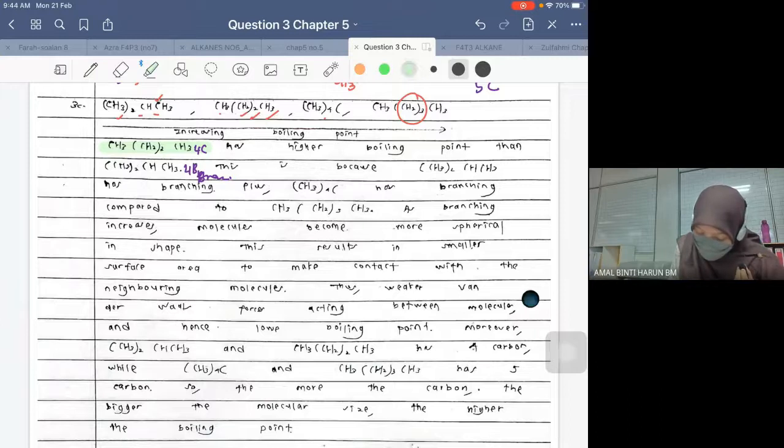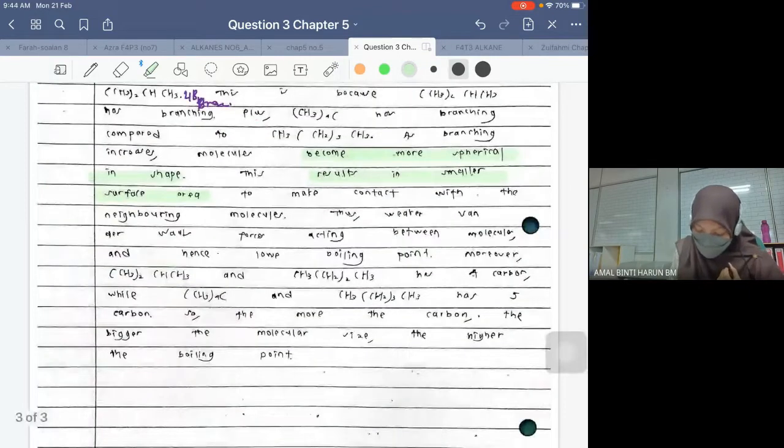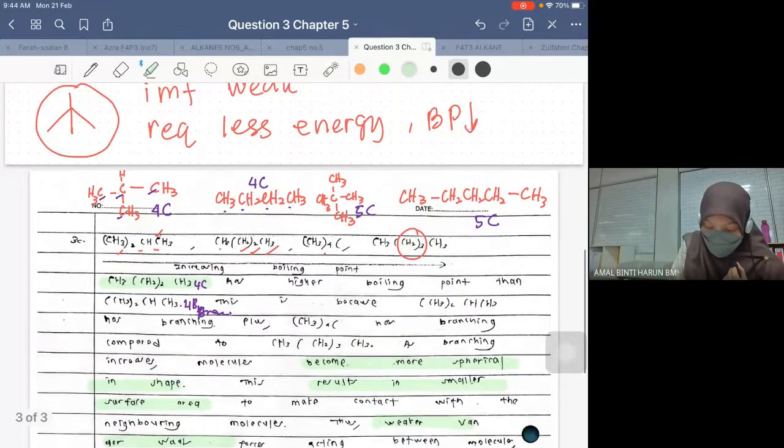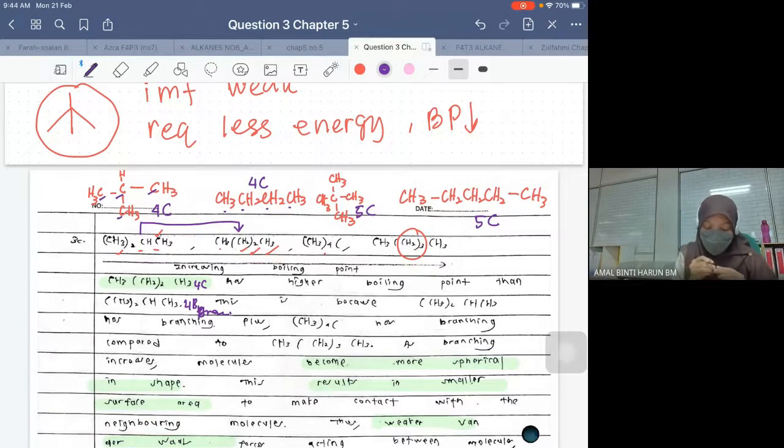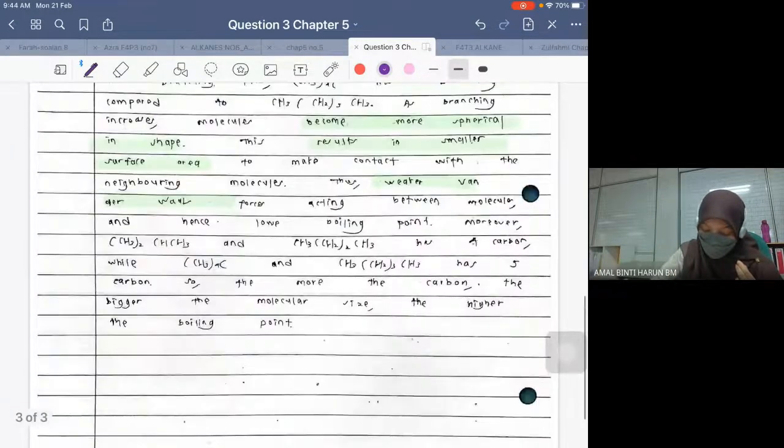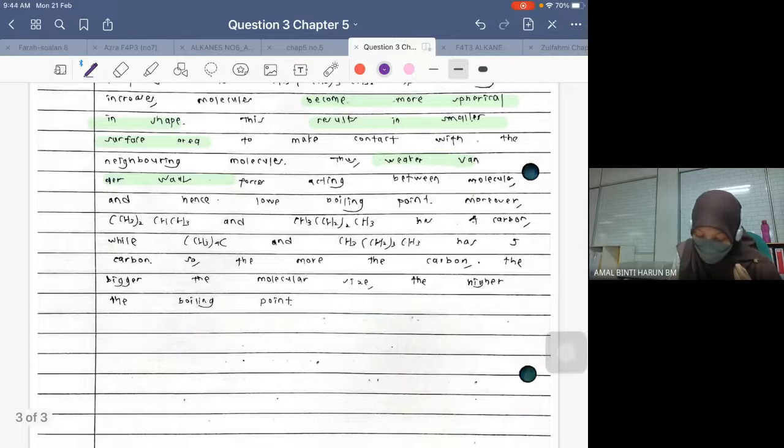Okay, this is weaker van der Waals forces. Okay, so Sharon explain, dia compare this one. 4 carbon branching dengan 4 carbon linear. So yang paling rendah boiling point adalah 4 carbon yang branching. Okay, and then mana yang paling tinggi?